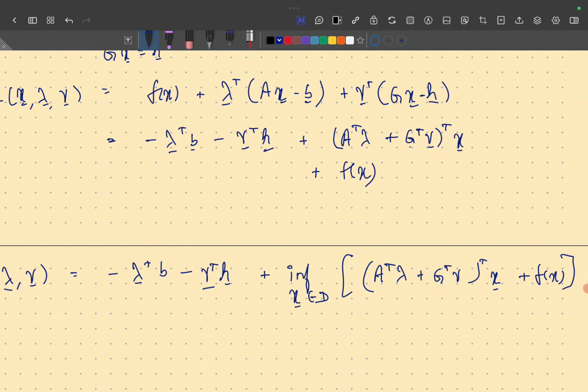To express this as a conjugate, I have to express it as the supremum of something minus f of x.